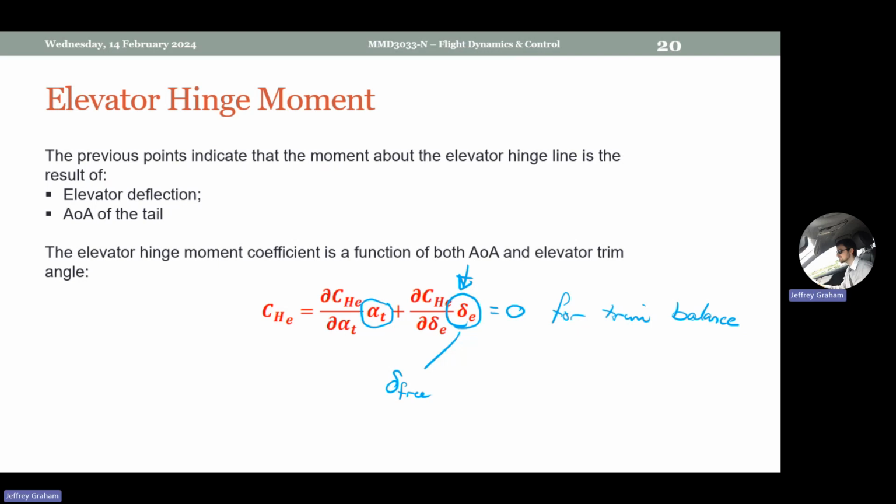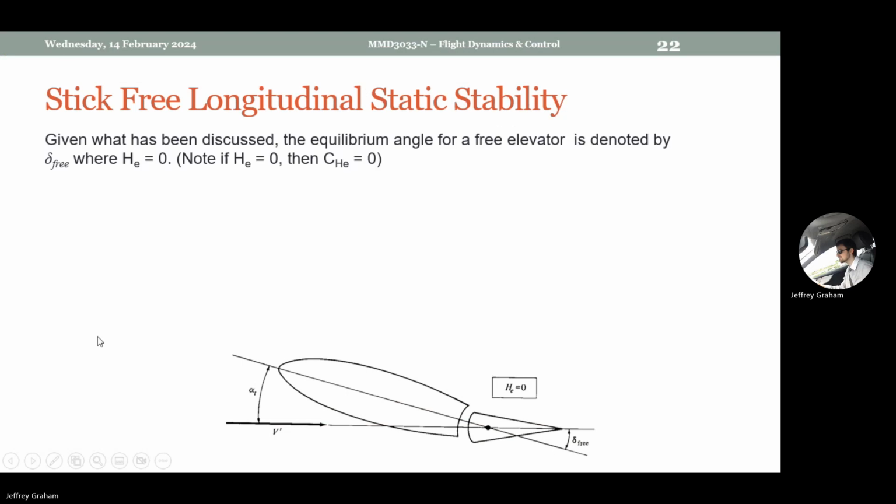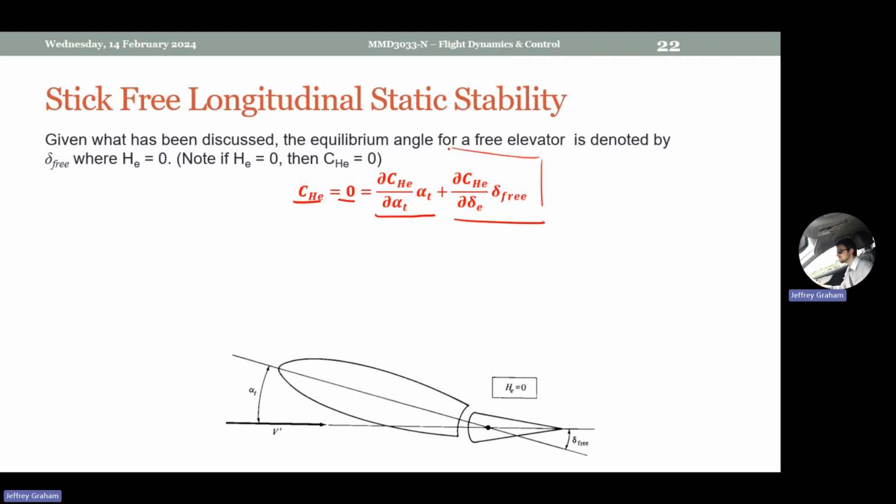Right, so this formula will slowly get modified like that. So basically the same condition. The moment we need is trimmed. It's affected by either the angle of attack or the elevator. And if the elevator is free to do as it wishes to balance this out, the angle that we set this to is denoted the elevator free angle.